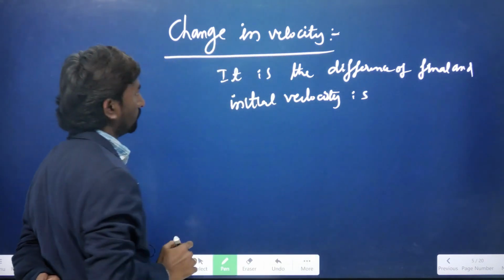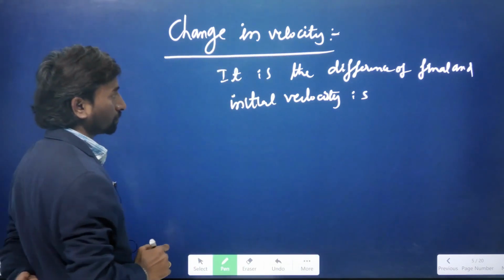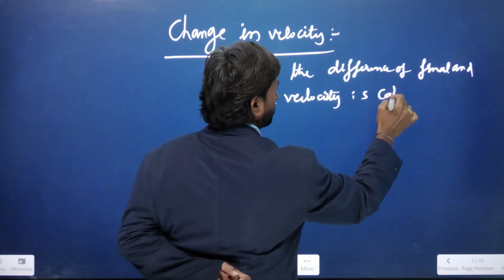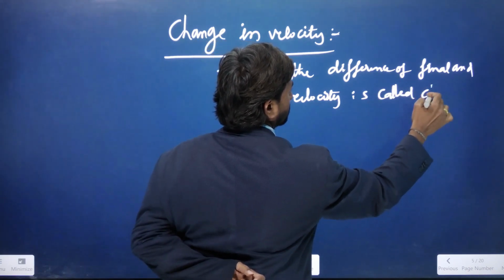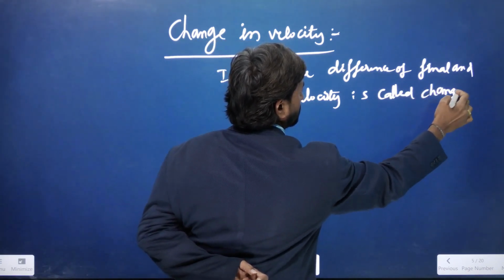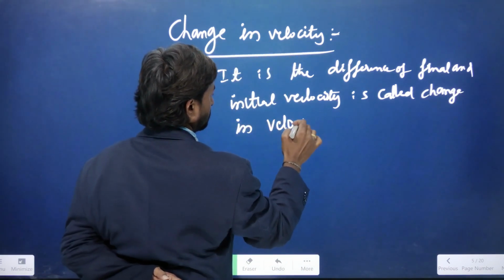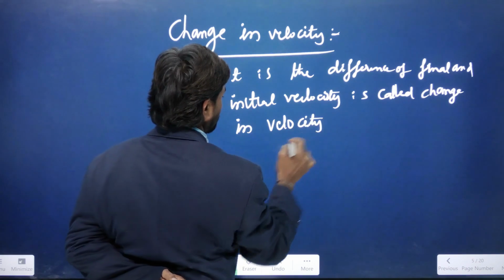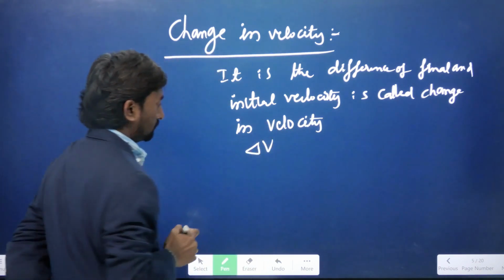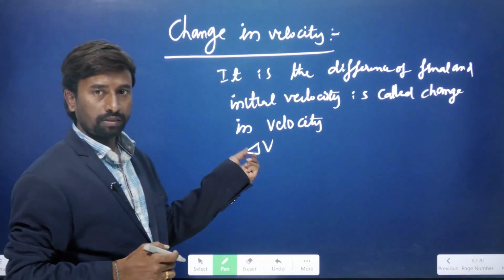Change in velocity is denoted by delta V. The symbol delta represents the change.